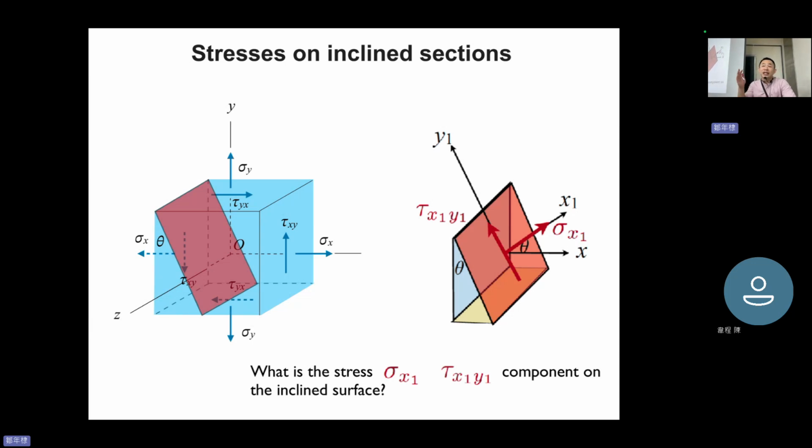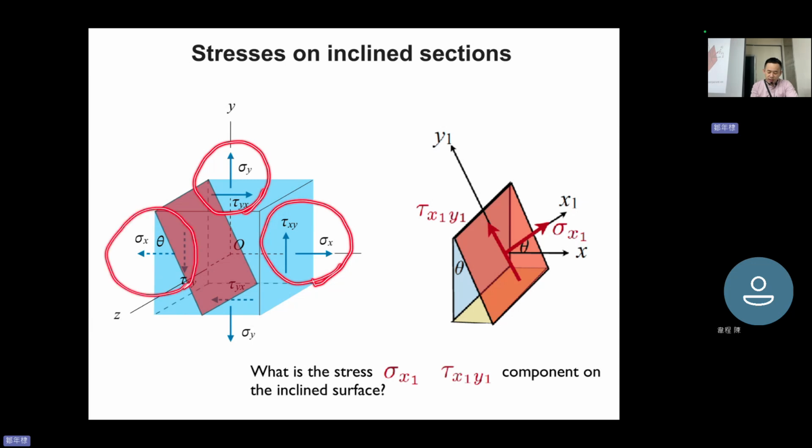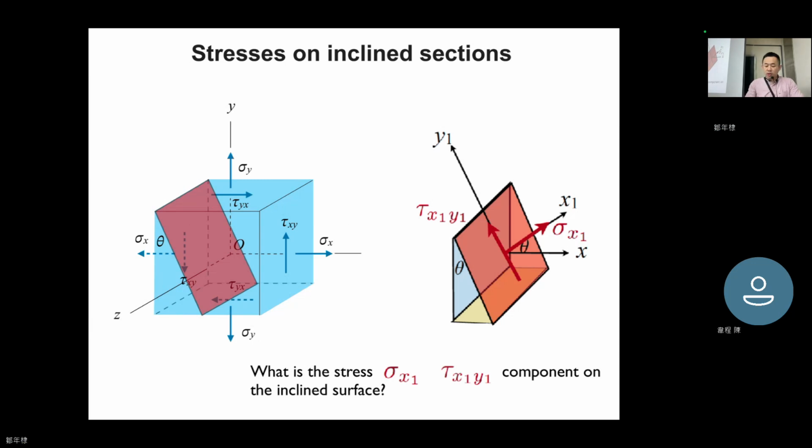So all we have left are these things: sigma x, tau xy, sigma y, tau yx. That's it. So that's called plane stress, 平面应力. Now this is the normal sigma y.